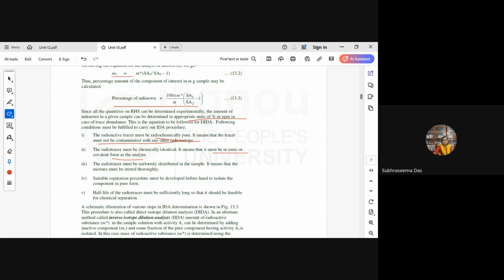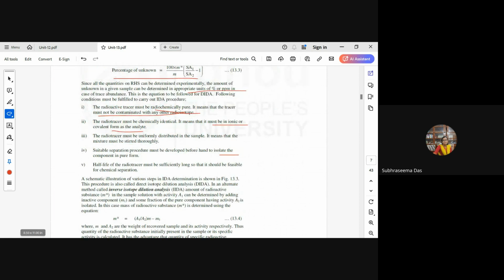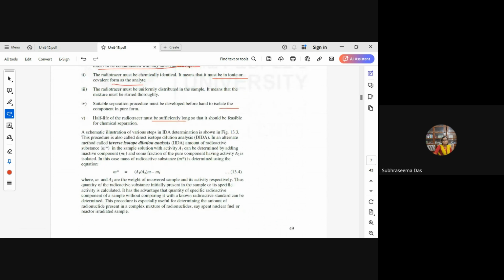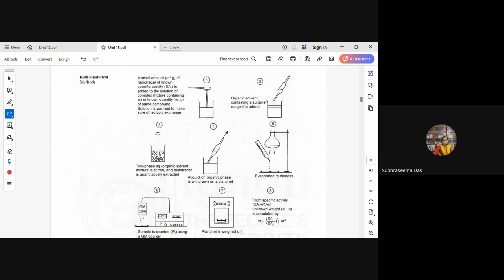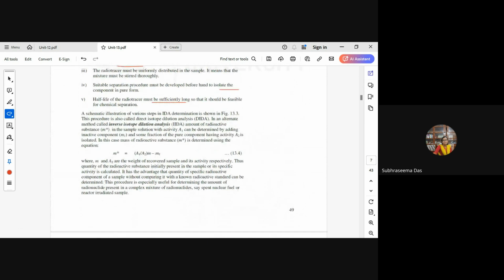A suitable separation procedure must be developed to isolate the component in pure form, and the half life of the radiotracer must be long enough to undergo the whole process of chemical separation. A schematic illustration of the direct IDA process is shown in figure 13.3.